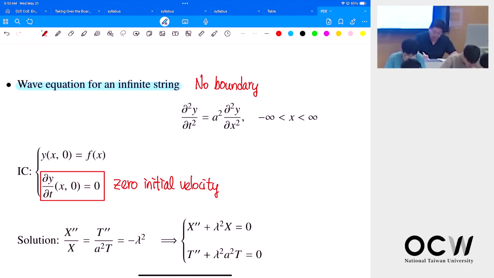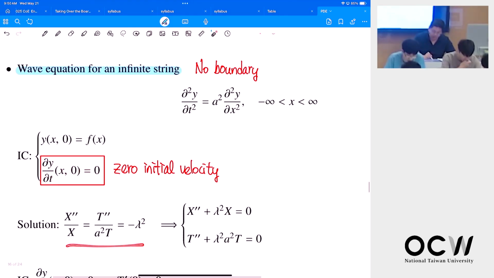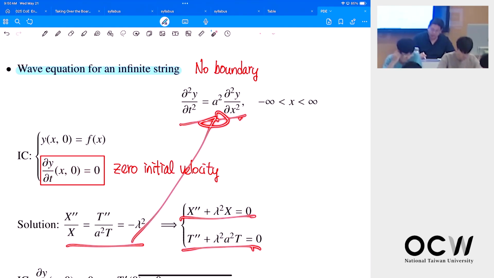And then still using the method of separation of variables and bringing it back to this equation, you will get two ordinary differential equations.